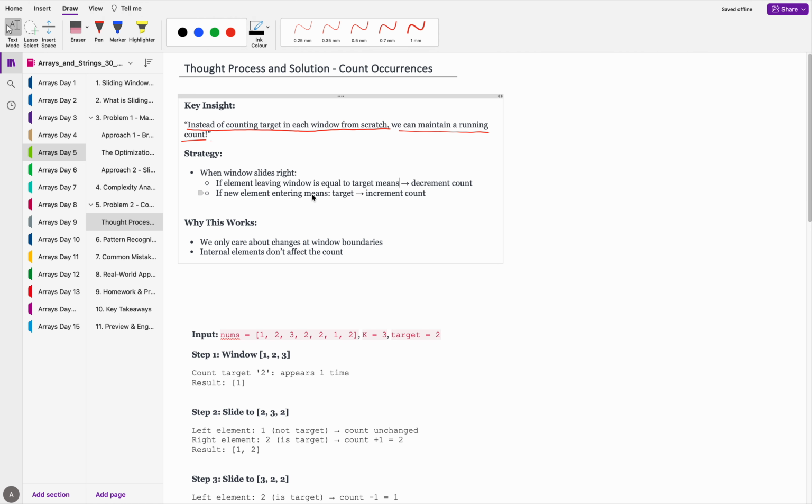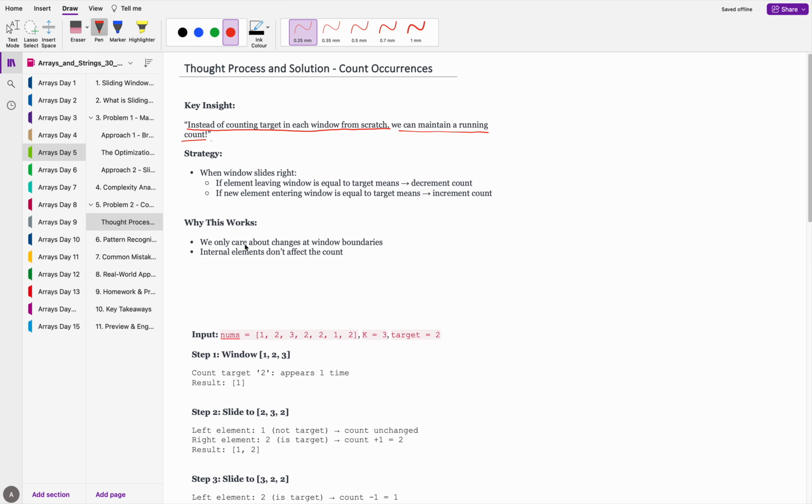Okay, and here entering, if new element entering window is equal to target means increment, है ना, काउंट लिख लेते हैं, काउंट वैसे है वहां पे, ठीक है, means increment count. Okay, that's what is happening, that's what I have shown you earlier.